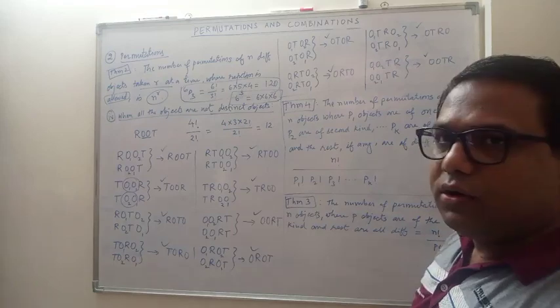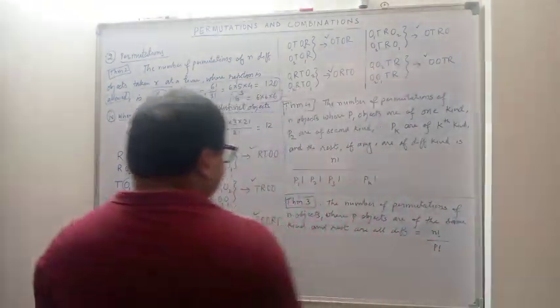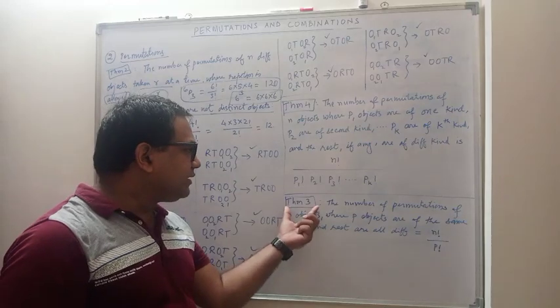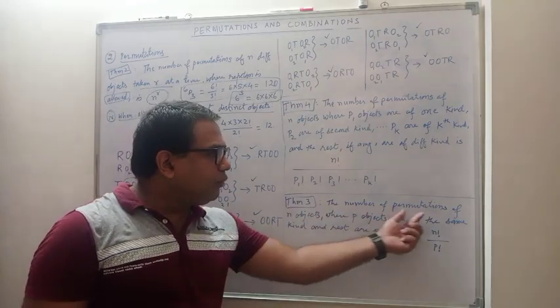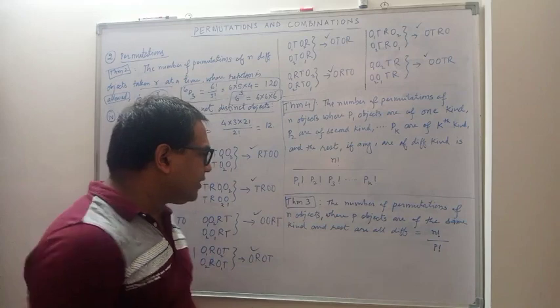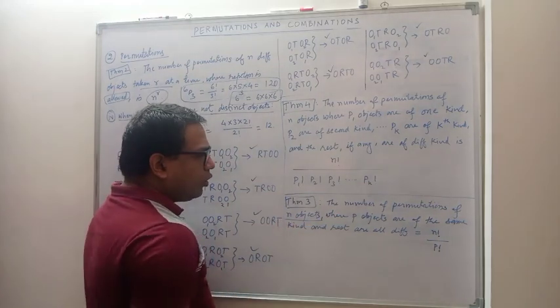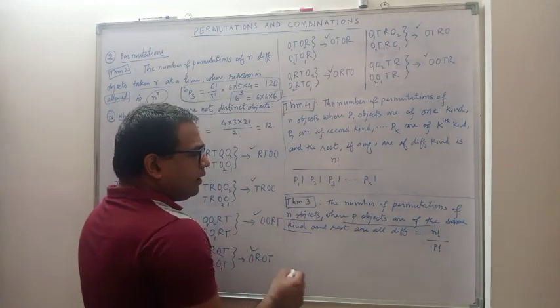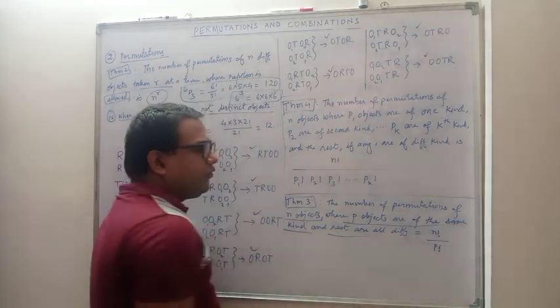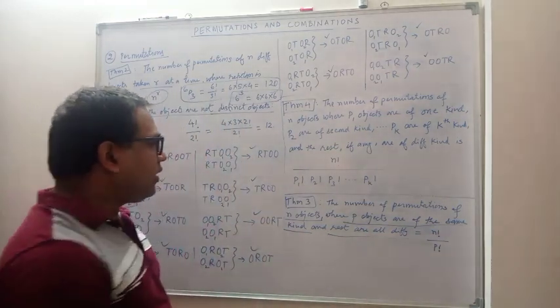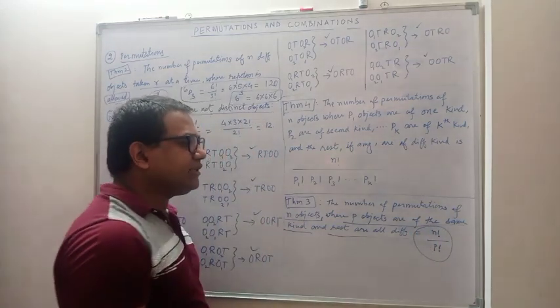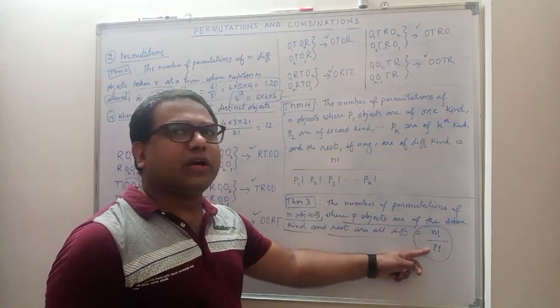Let us move to the next thing, that is theorem number 3. It states that the number of permutations of n objects where p objects are of the same kind and the rest are all different can be written as n factorial divided by p factorial.